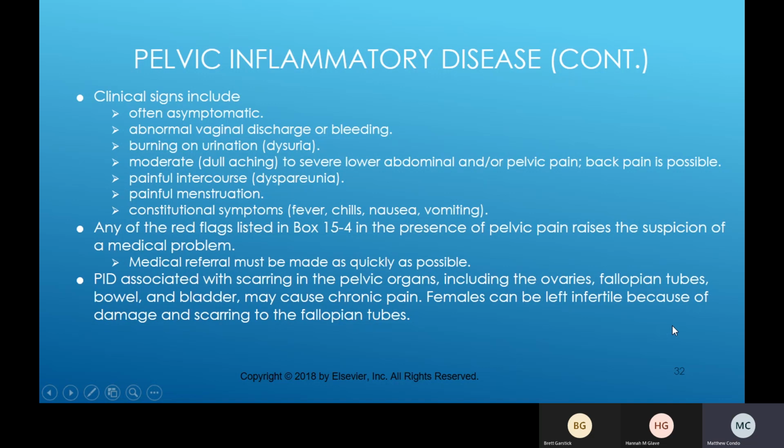But they may also need to go see an OB/GYN in addition to me or instead of me. So we do have to have these conversations with patients. And like I said, sometimes they get a little uncomfortable.